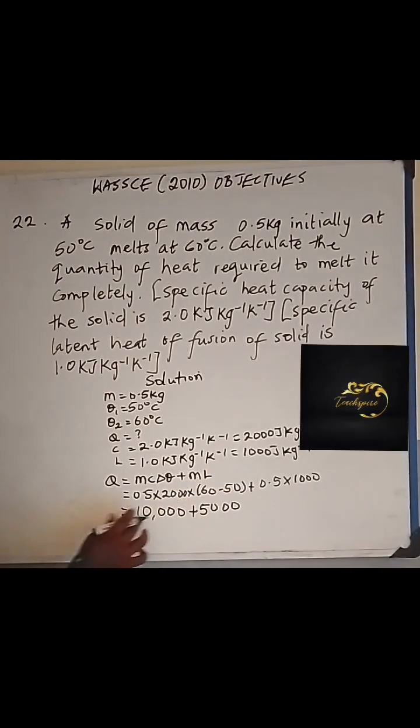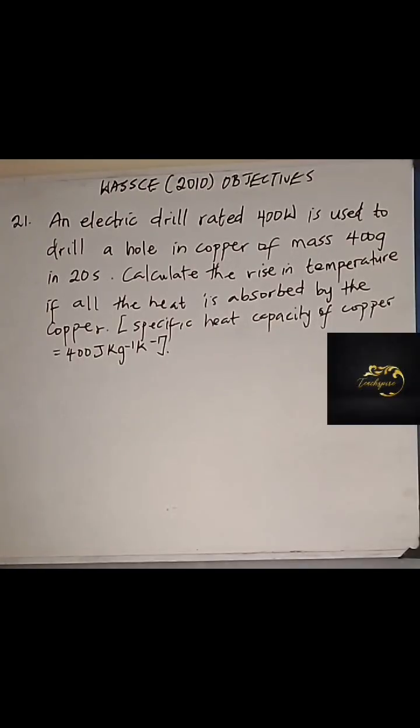So 10,000 plus 500 is going to give me 10,500. Don't forget to put the unit of quantity of heat, which is joules. Most students will get this wrong, and it is because of a little mistake.